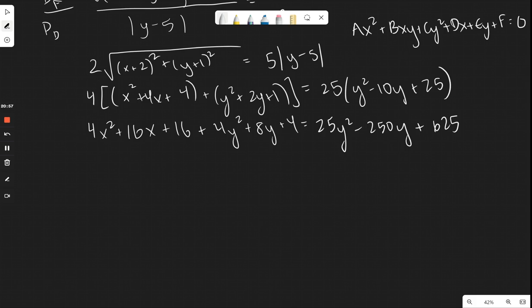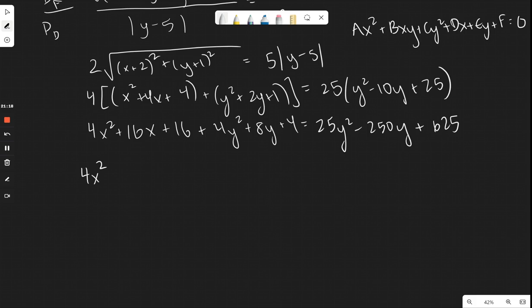Let's combine like terms. So 4x squared. Are there any other x squared terms? No. So we have 4x squared. Now let's look for any xy terms. Are there any? No. Let's look for y squared terms. So 4y squared and 25y squared.